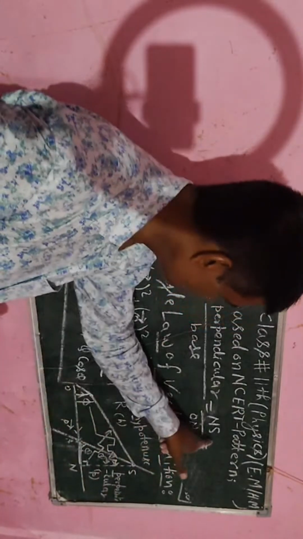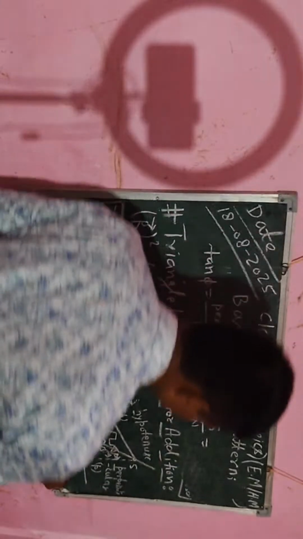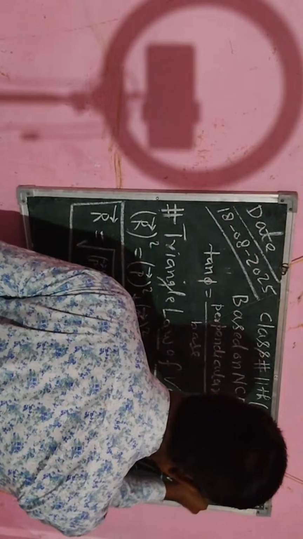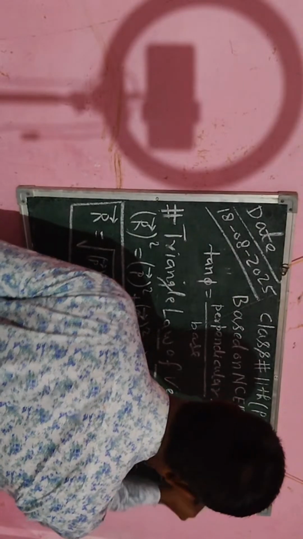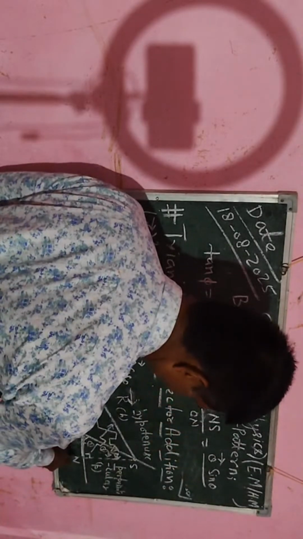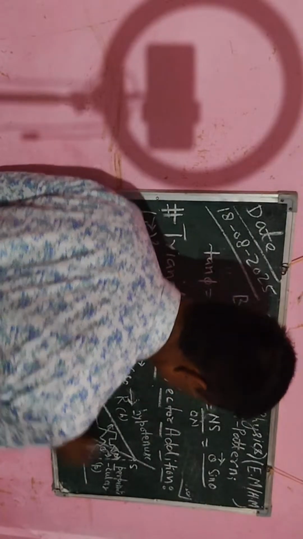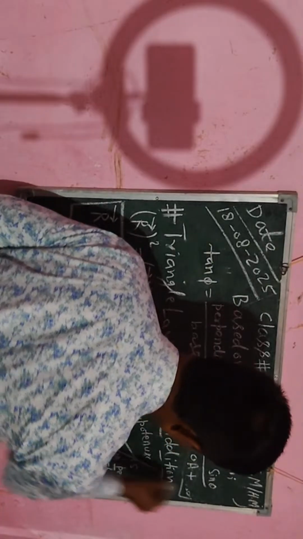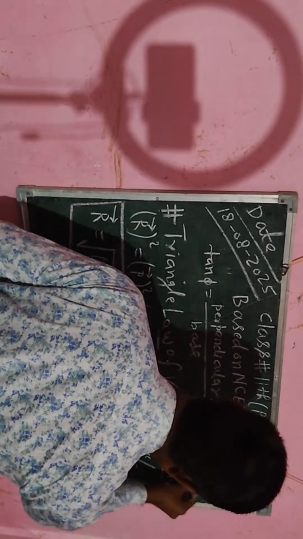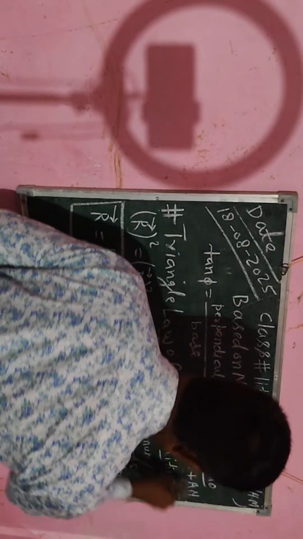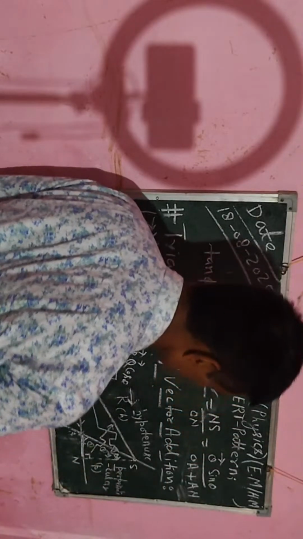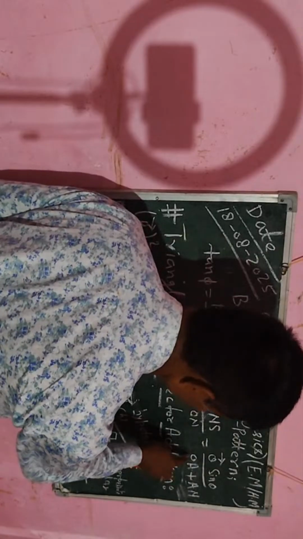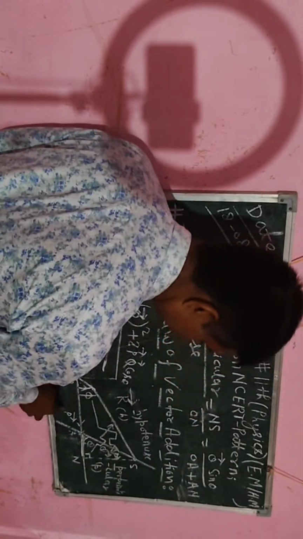Now here the value of NS I have already got, vector q sin theta, but the ON will be OA plus AN. So the value of AN I have already calculated, because that will be q cos theta, but the length OA will be vector p.